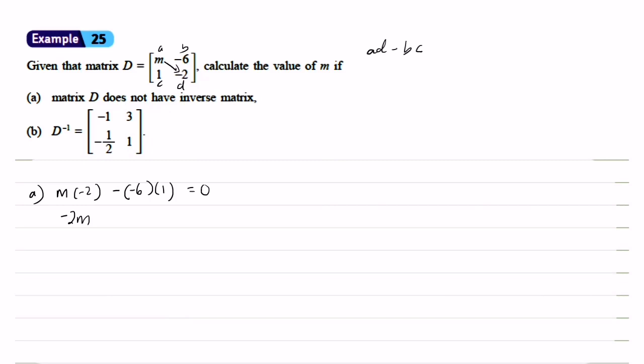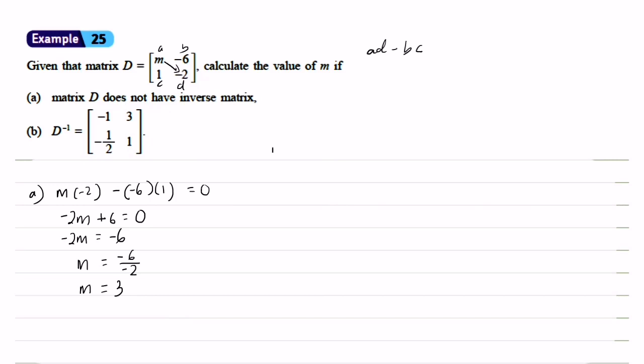Negative 2M plus 6 equals 0. Negative 2M equals negative 6. M equals negative 6 over negative 2. And M equals 3.